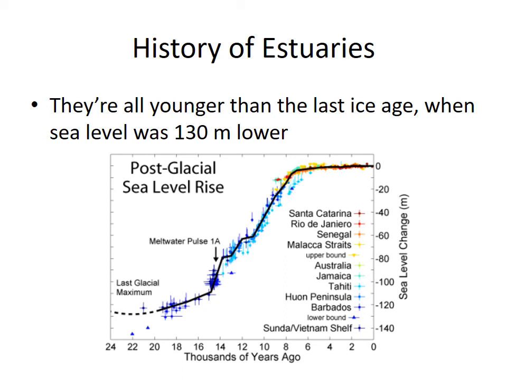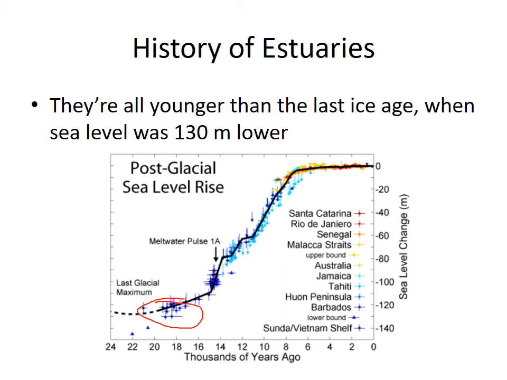At the peak of the last ice age, it was 120 or 130 meters lower, and that was only 15 to 20,000 years ago. Although there were estuaries at that time, they were in areas that are deep underwater now and nowhere near where the modern day coastline is.